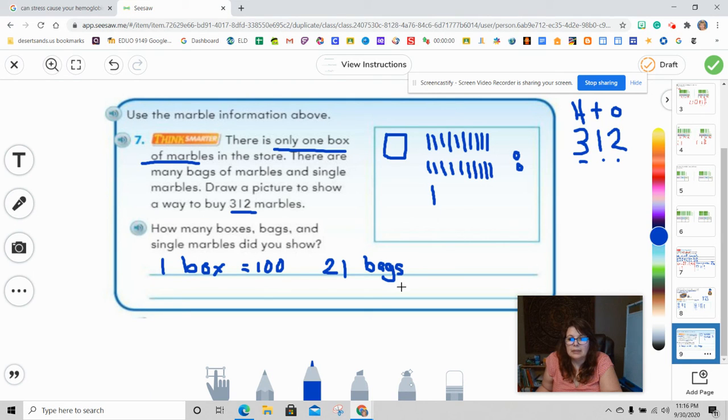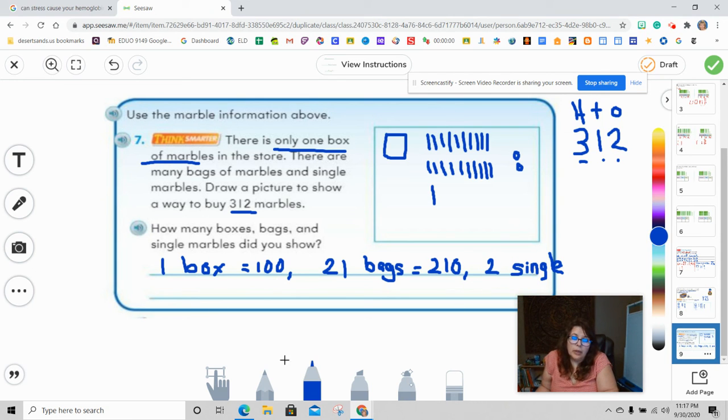And remember, the bags are tens. Basically, that's 210. And then I have 2 single marbles. So that would be my answer.